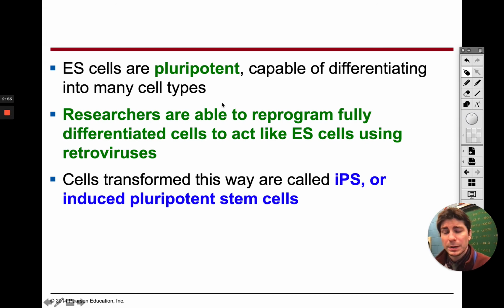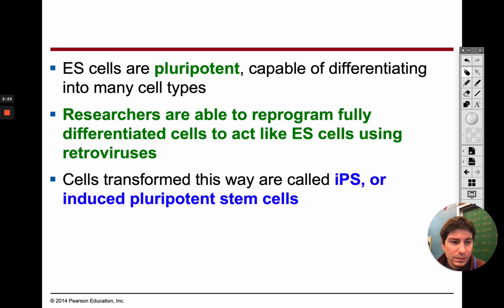So we already talked about pluripotent cells last time. They can become many, many different cell types, but they can't be used for cloning to be that embryo because they're not going to be giving rise to an embryo. Researchers are able to reprogram fully differentiated cells, like they did for cloning, to act like embryonic stem cells using retroviruses.